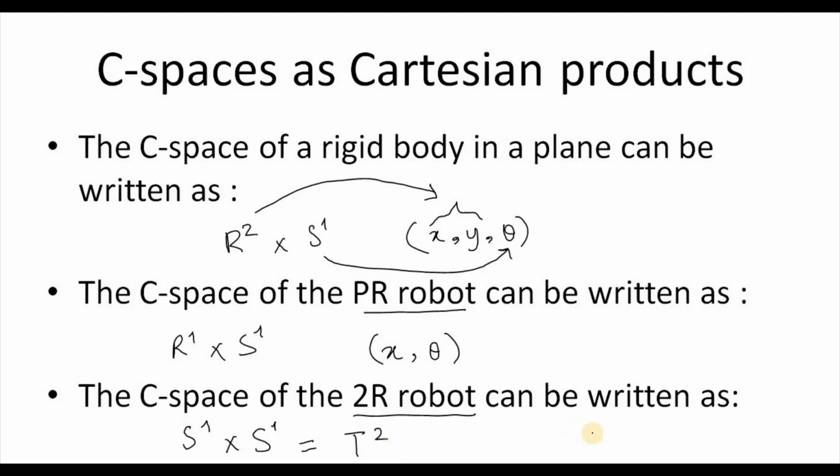The torus looks something like this, and it looks like a donut. Like this shape. So this is how we represent the C space of a 2R robot.